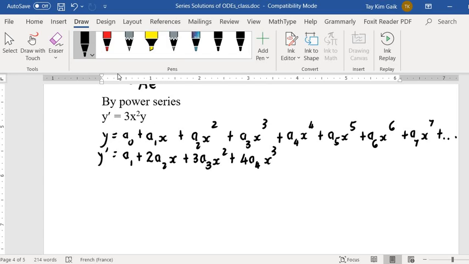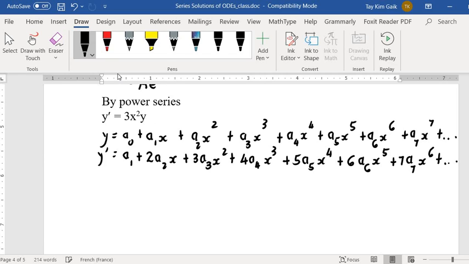Differentiate a5 x power 5, you get 5 a5 x power 4. Differentiate a6 x power 6, you get 6 a6 x power 5. Differentiate a7 x power 7, you get 7 a7 x power 6.